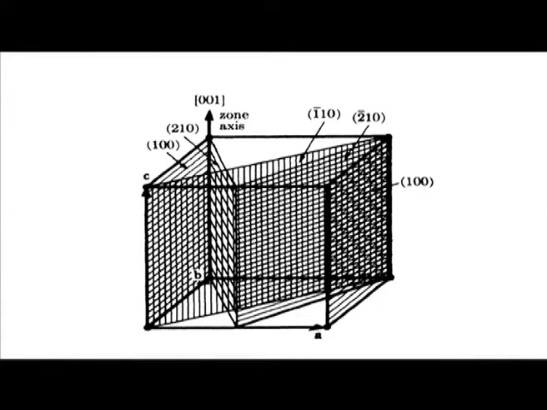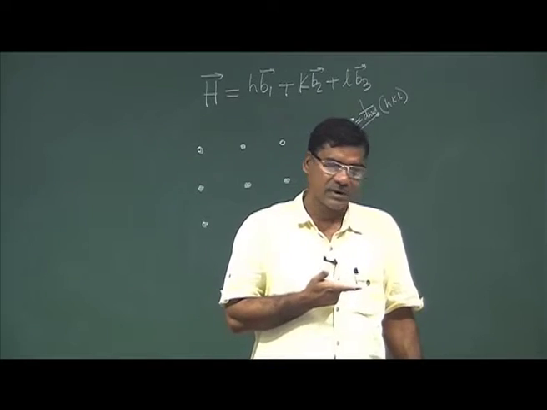Now, if I draw a normal on each plane, all normals on the planes will be normal to the zone axis, because the planes are parallel to the zone axis. So the normal to the plane will be normal to the zone axis.